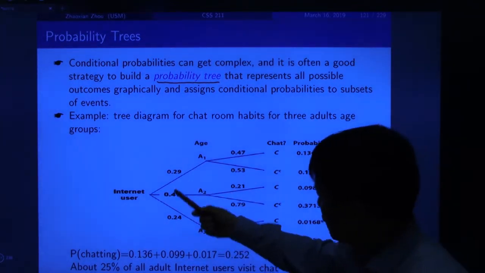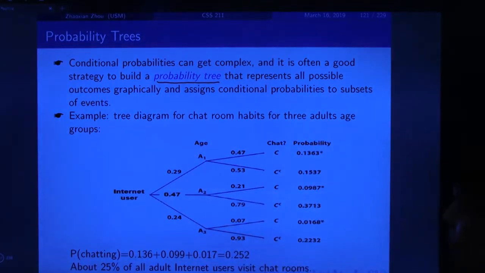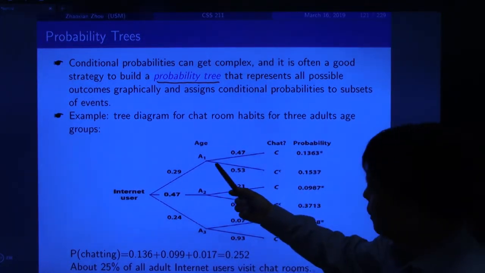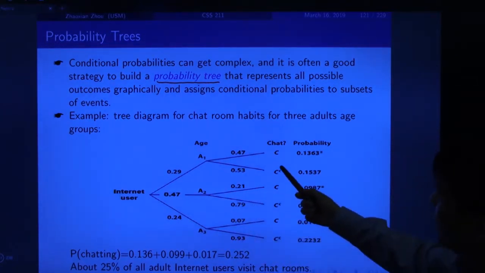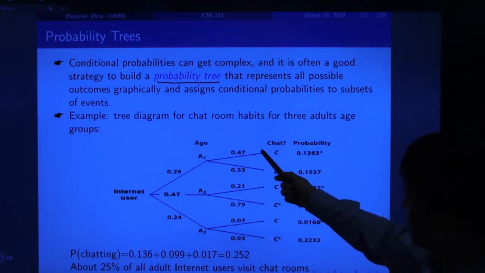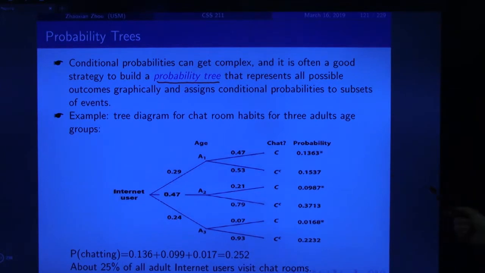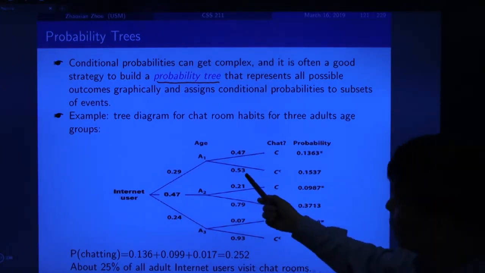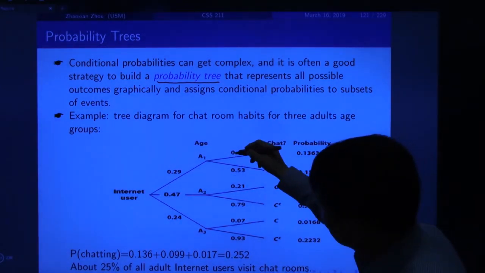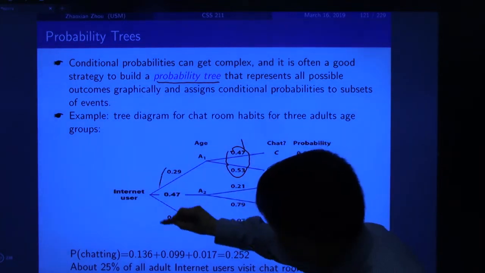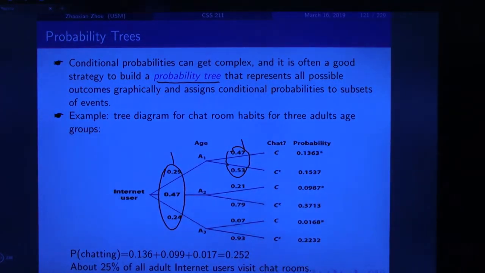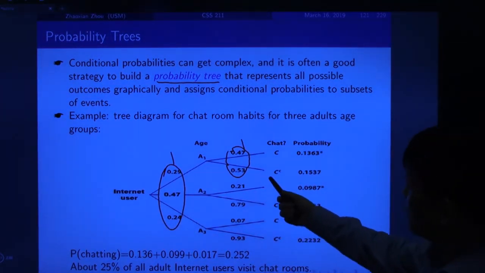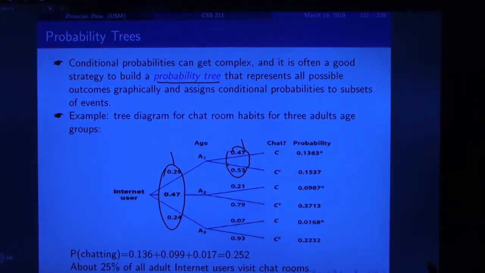This adds up to 100%. Within group A1, 47% usually chat and the other 53% do not; these also add up to 1.